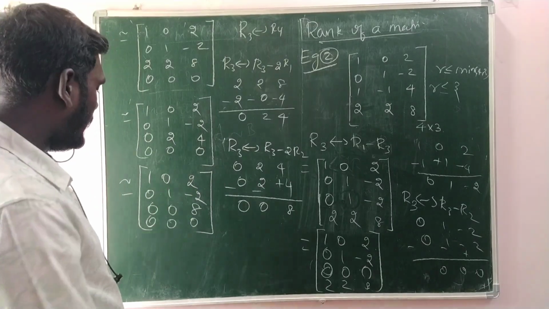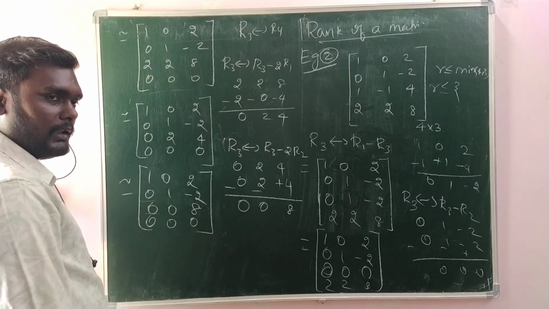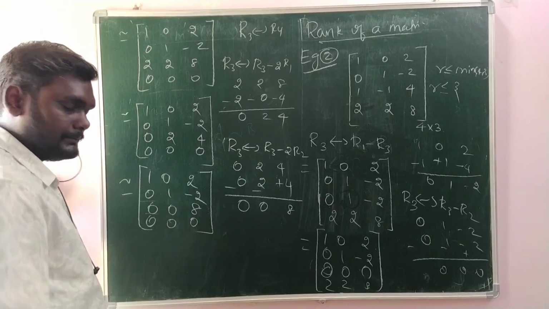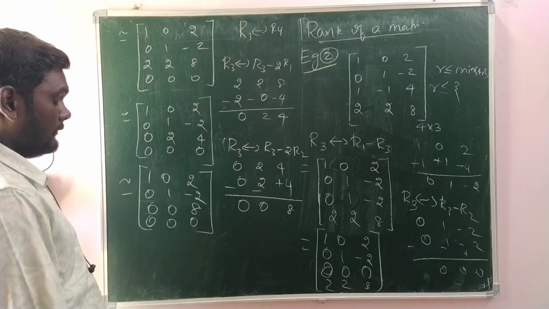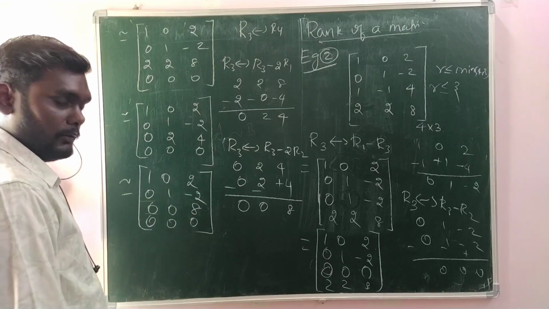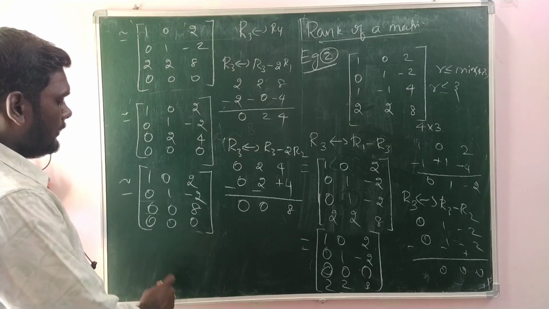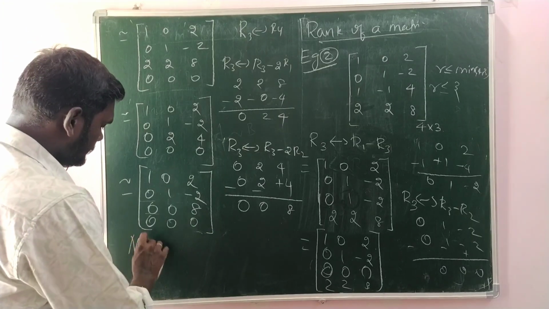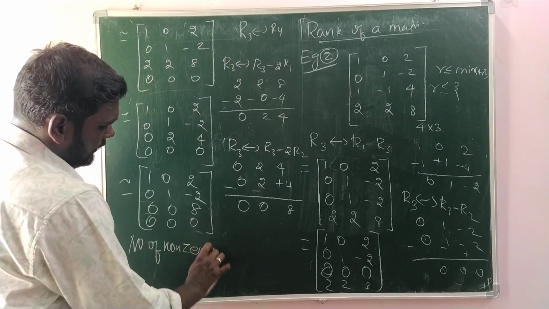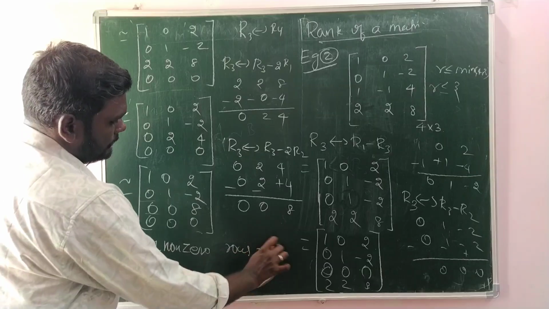Now we got row echelon form, right? So 1, 0, 2, and so on: the number of zeros in the previous row will be less than in the next row. So the number of non-zero rows is 3.